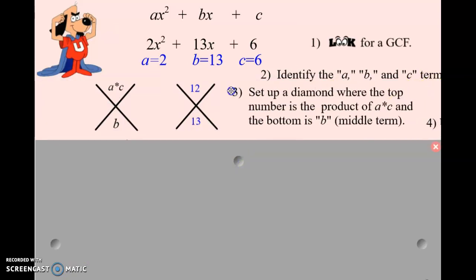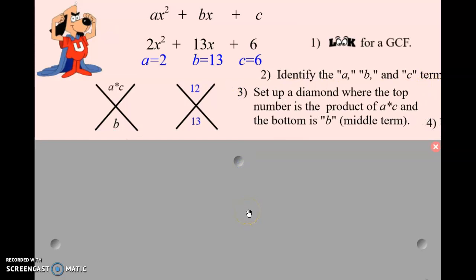Step number 3, set up a diamond where the top number is the product of a and c, and the bottom is the b, the middle term. So you'll notice that a times c for this problem is 12, and the b is 13. So just like before, what two numbers will multiply together to get 12, that when you add them together, you'll get 13? 12 and 1 are what you would get.